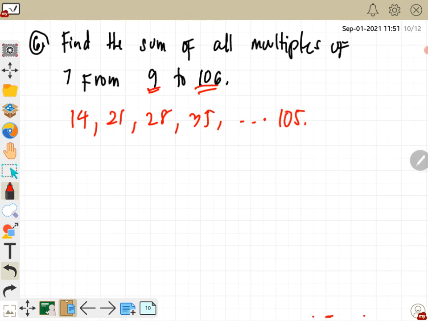Okay? From 14 to 105. So it's like saying again, S sub n. We do not know how many terms there are from 14 to 105, but we know that the first term is a sub 1, and the last term is 105, in that interval, divided by 2.